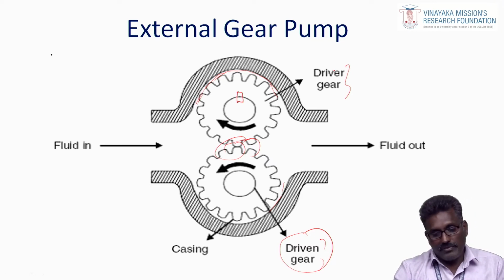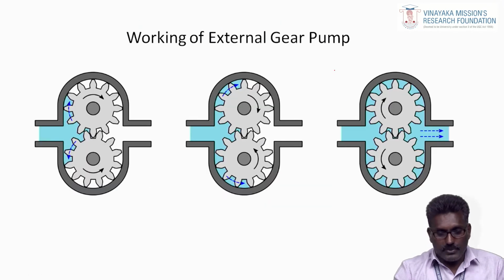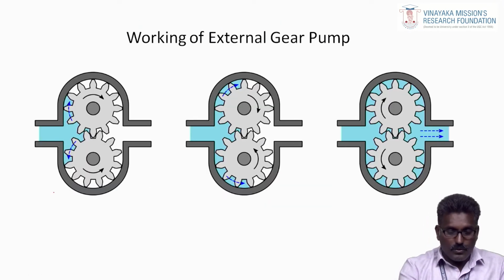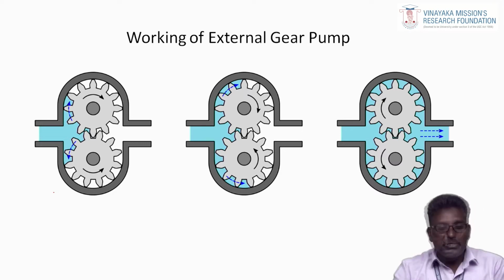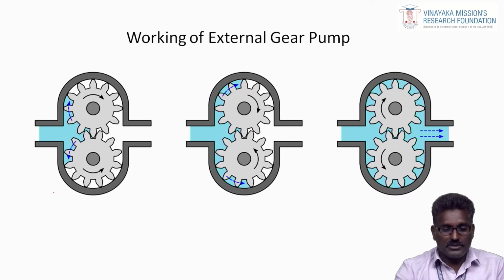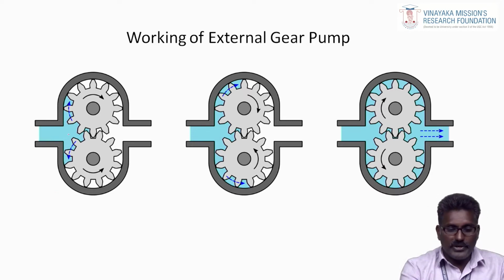Now we are discussing the working of this pump. In this slide, you see how the fluid is taken in by this pump. Step by step explanation is given through this image. The pump receives the fluid, and with further rotation, both the gears rotate in opposite directions.